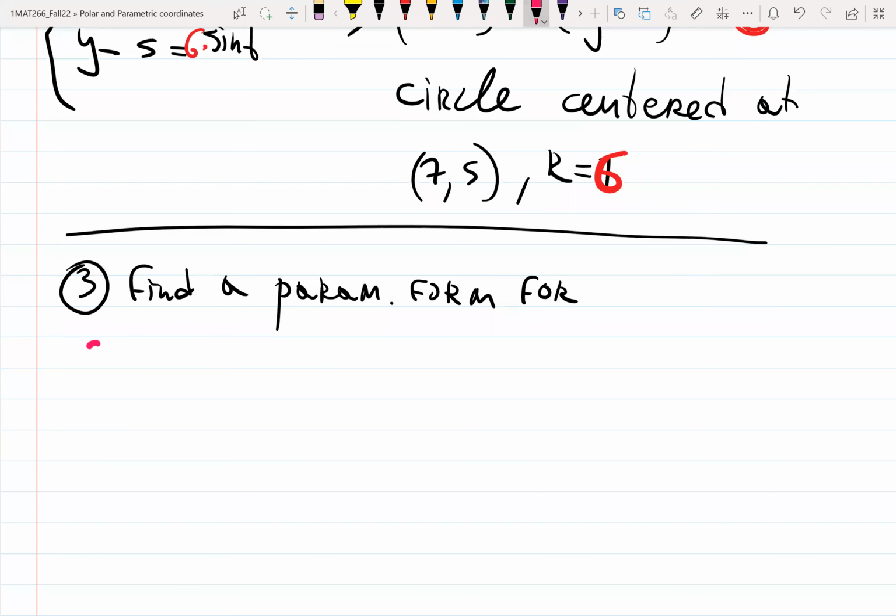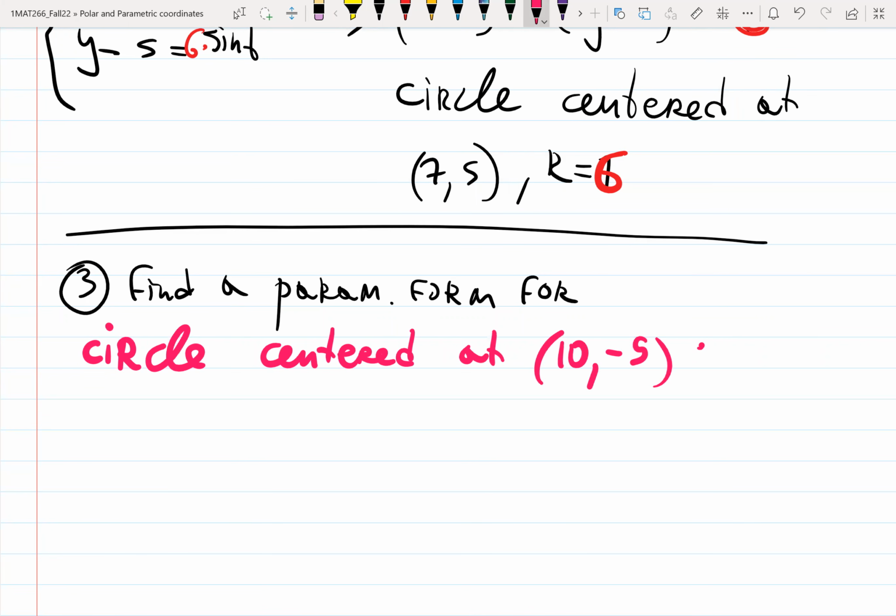For example, a circle centered at 10, minus 5, radius 11. How about that? Can you figure out the equation for that?